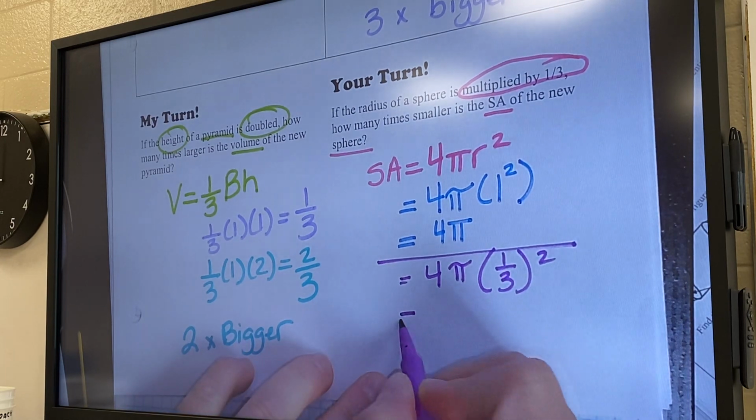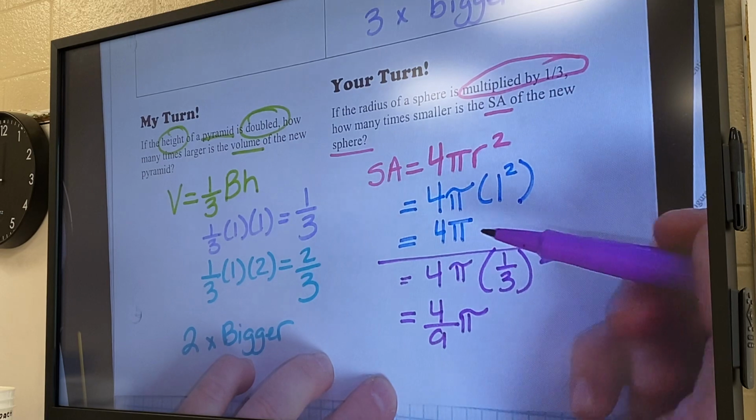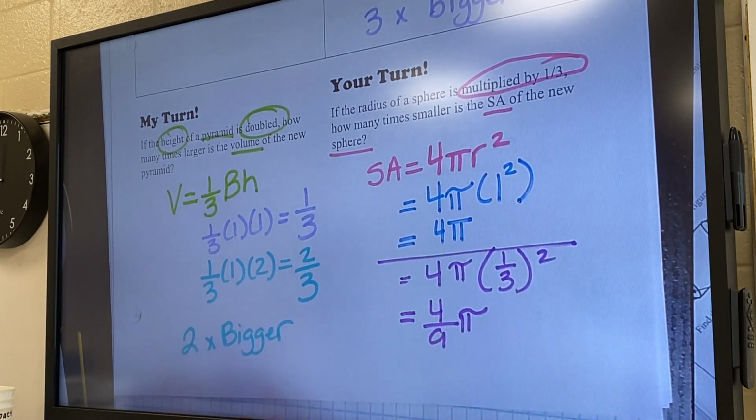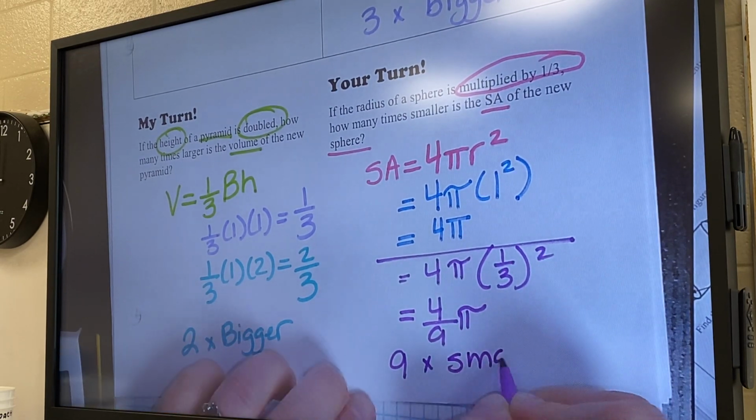Very good. So if I go from 4 pi to 4/9 pi, is it smaller or larger? Smaller. How many times smaller? 9. So this one would be 9 times smaller.